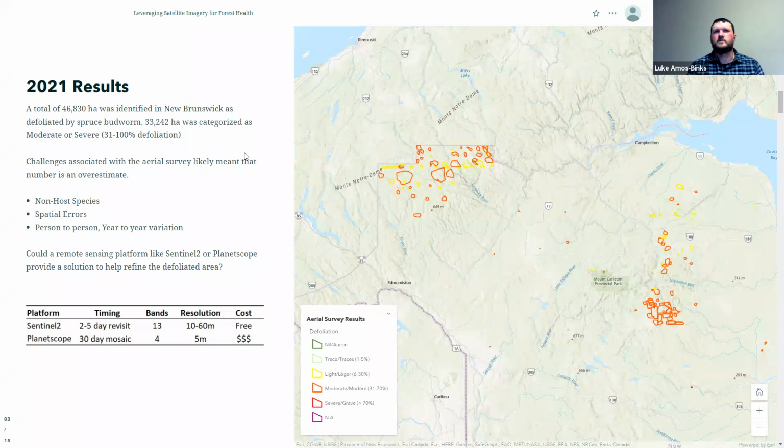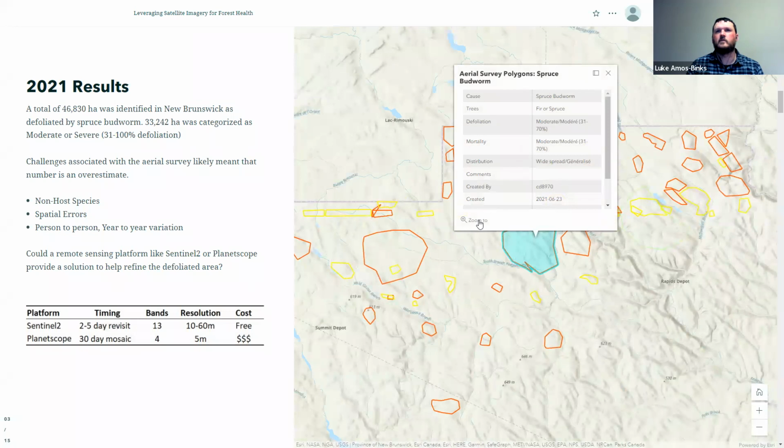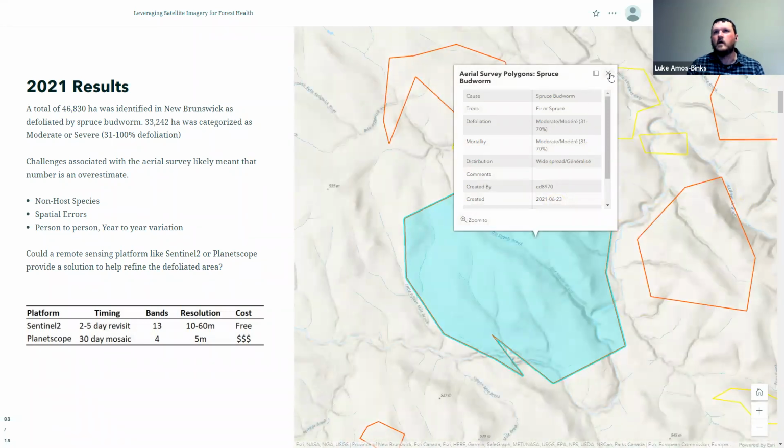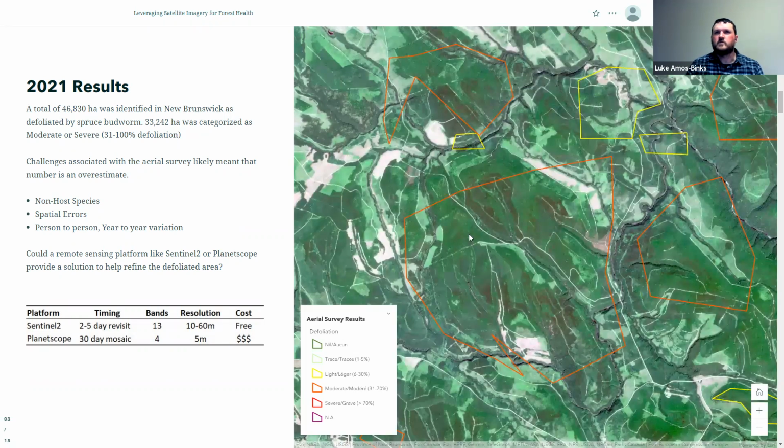Examples of these challenges are non-host species getting pulled into polygons that are sketched in a tough environment up in an aircraft, spatial errors, and person to person and year to year variation. So let's zoom in on this polygon a couple of times to show you what I mean.